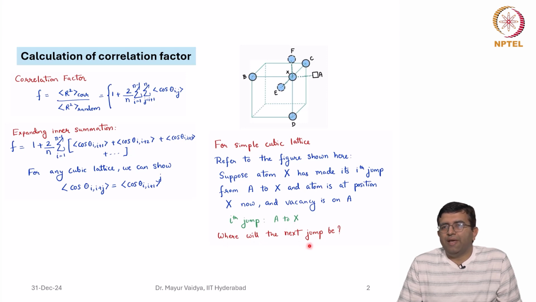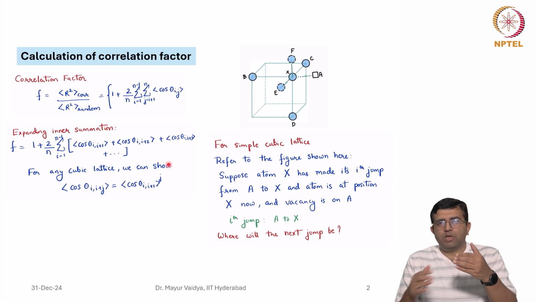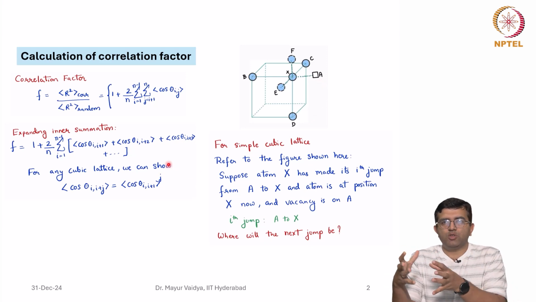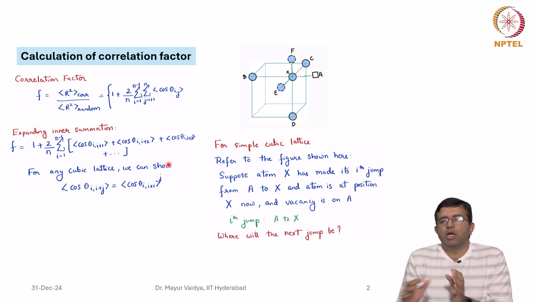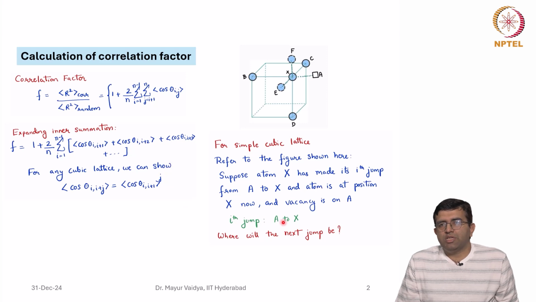Now, where will the next jump be? Remember, we have to consider all the possible jumps. So, right now we will try to consider i and i plus 1 jump. So, ith jump, if it is from A to X, where will the next jump be?